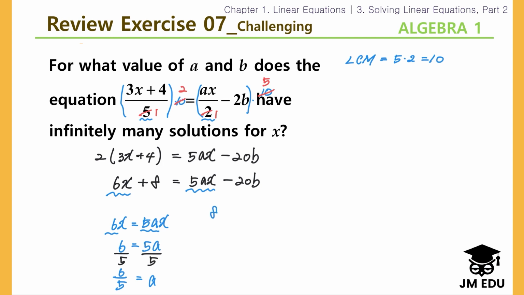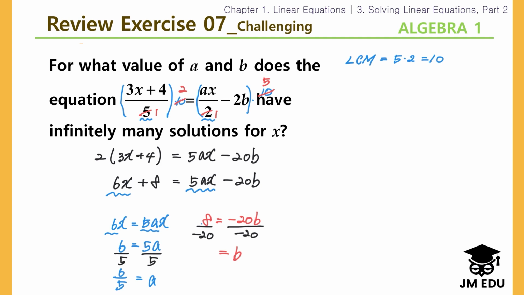8, let me write with the red. 8 must be equal to negative 20b. So what I'm going to do is divide this by negative 20. Okay, so we have b on the right hand side. b is equal to, well, 8 over negative 20, 4 times 2, right?